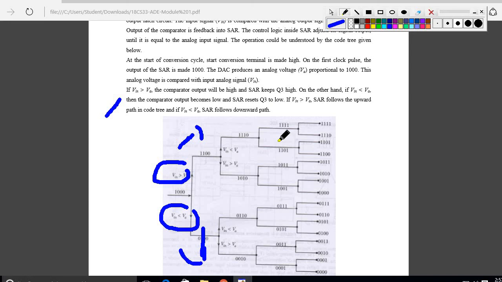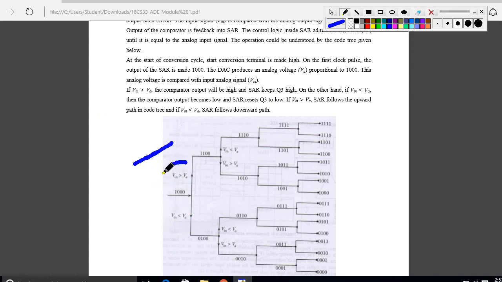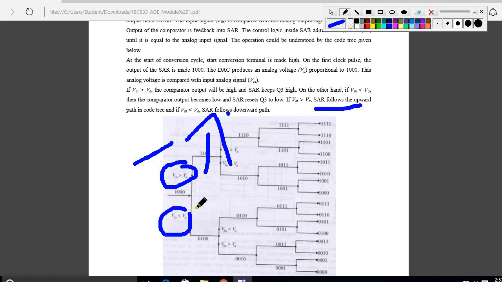Is it clear? When Vin is greater than VA, it should be high; when VA is greater, it should be low. If Vin is greater than VA, the SAR follows the upward path. If VA is greater than Vin, the SAR follows the downward path. This is exactly what it means. Is it clear?